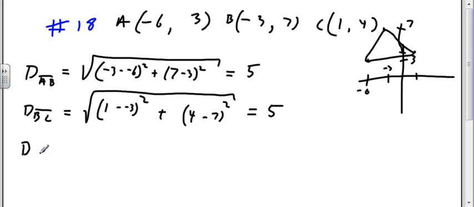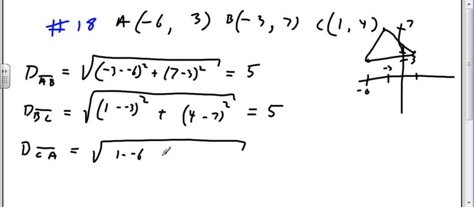The distance between C and A. So we go square root, C and A. So I'm going to go 1 minus minus 6 squared plus 4 minus 3 squared.